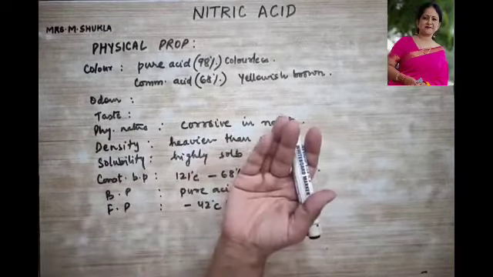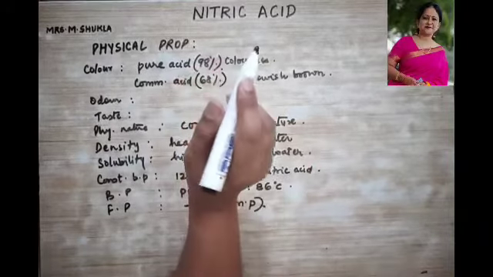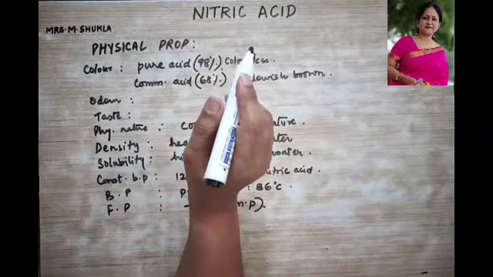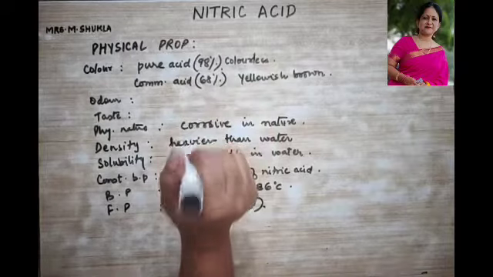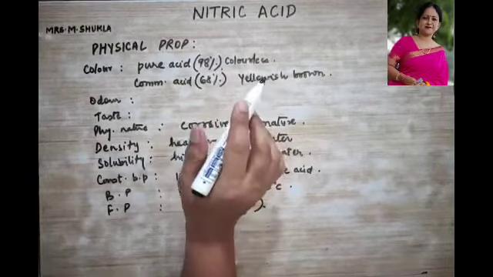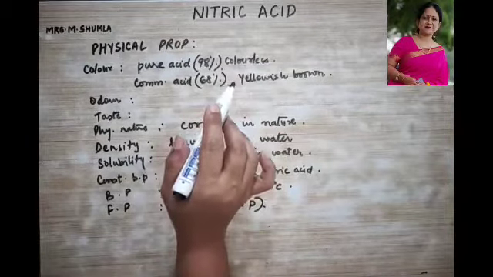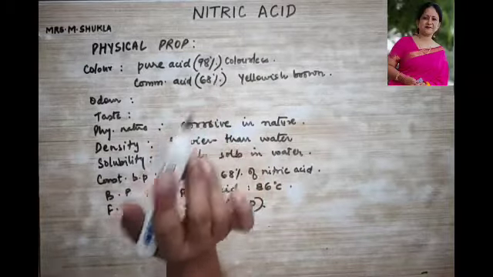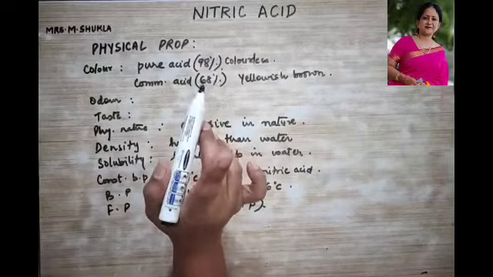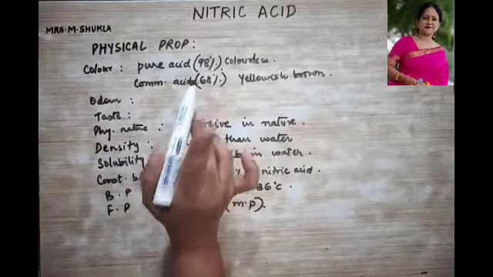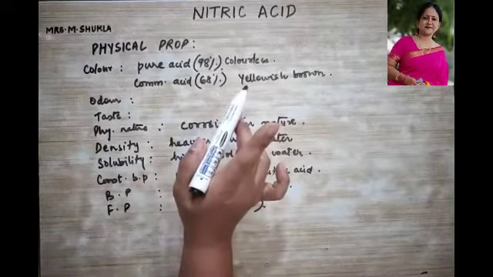So how can we further get this 98% pure acid? Further concentration of this acid is only possible by the distillation of acid under reduced pressure in the presence of concentrated sulfuric acid, right?